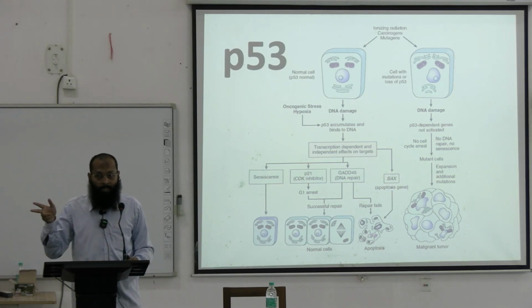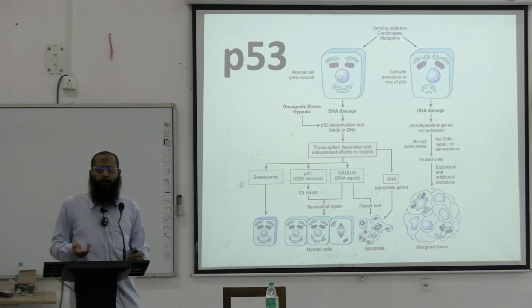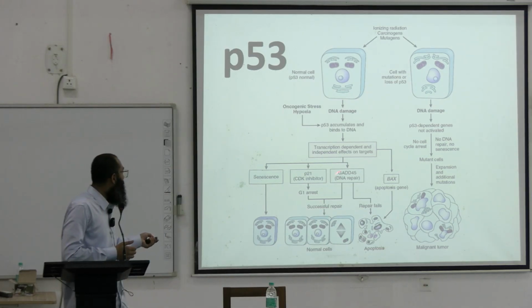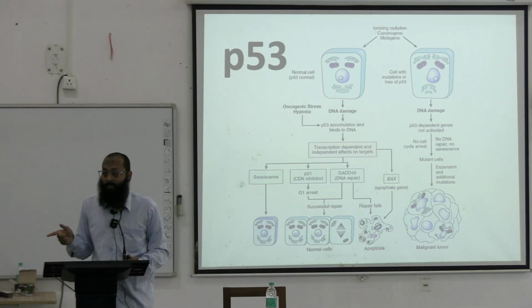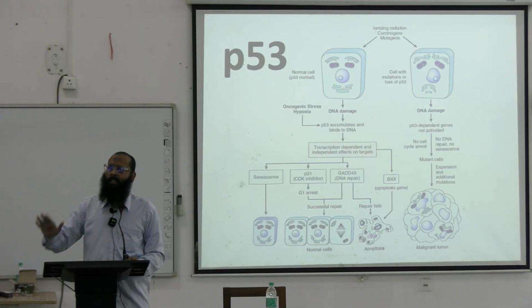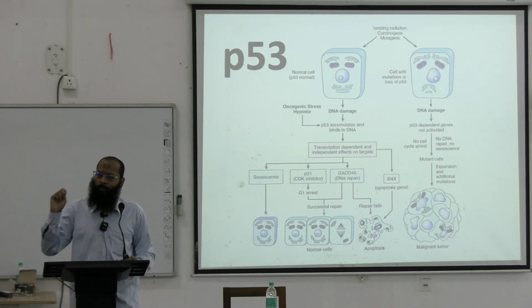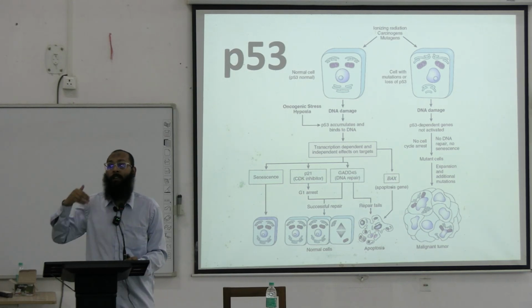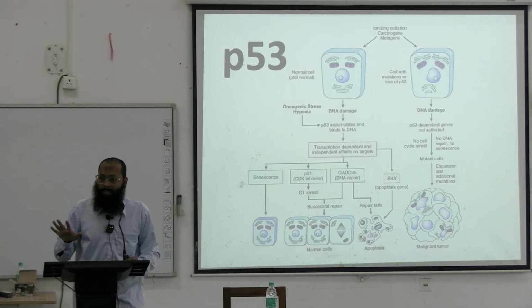If the second possibility occurs, that the mutation is of such an extent that it can't be corrected by DNA repair enzymes, then what will happen? ATM and ATX will further phosphorylate, means they will try to accumulate p53 protein in increasing concentration inside the cell.